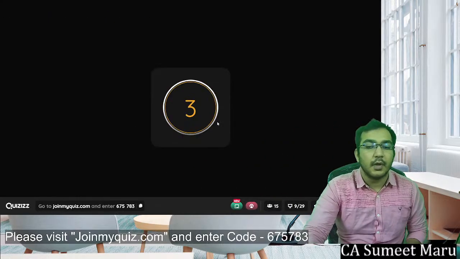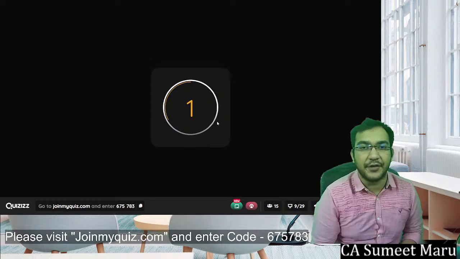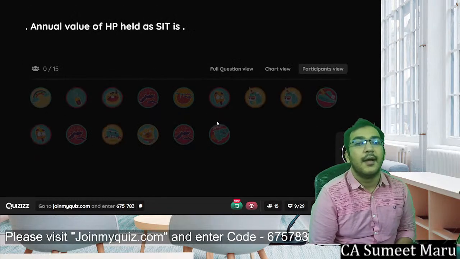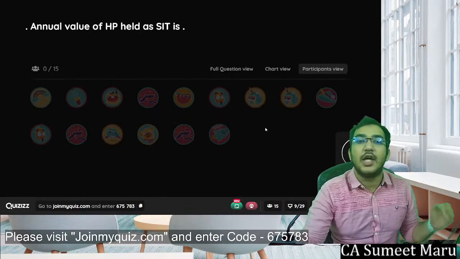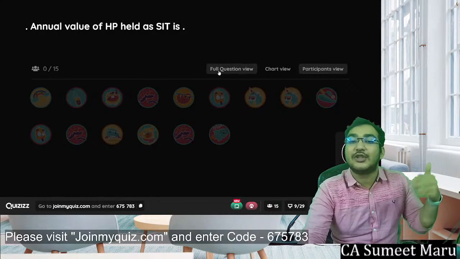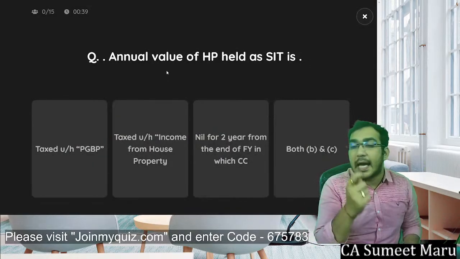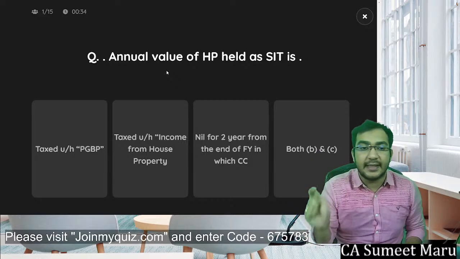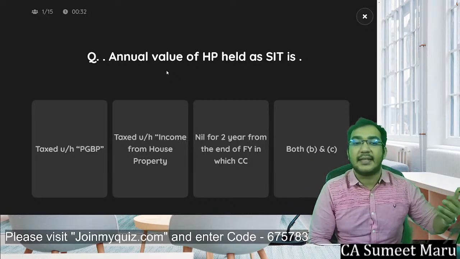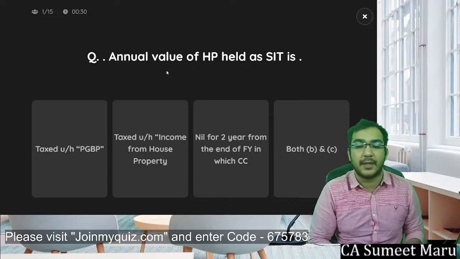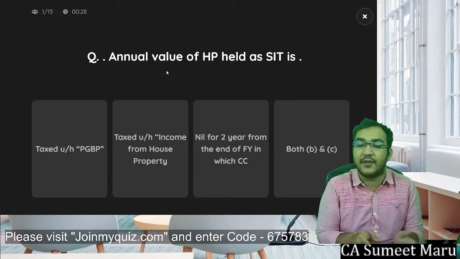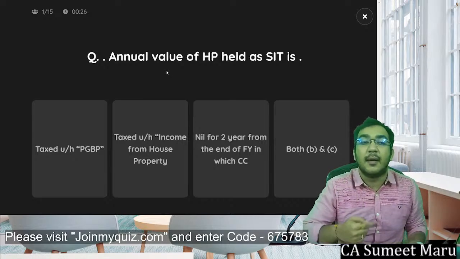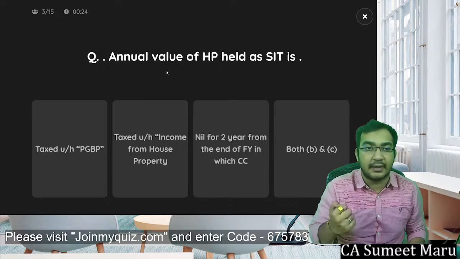Next question. Question number 9 is there in front of you. The annual value of house property held as stock in trade is. Tax under PGBP, tax under income from house property, nil for 2 years till the end of the financial year when the completion certificate was received.